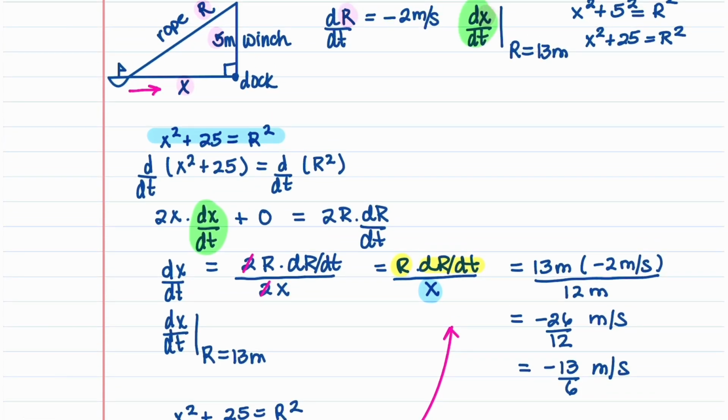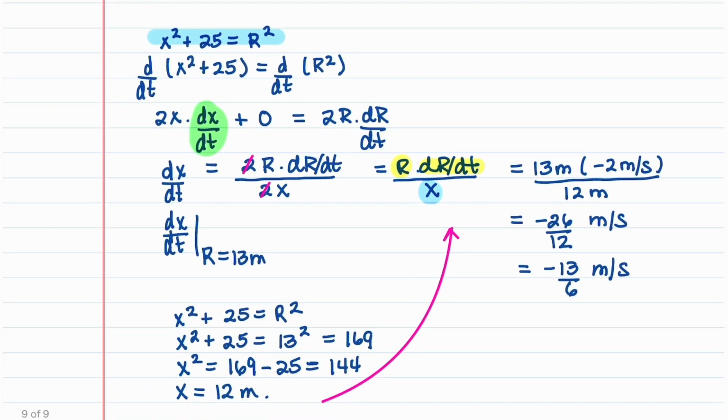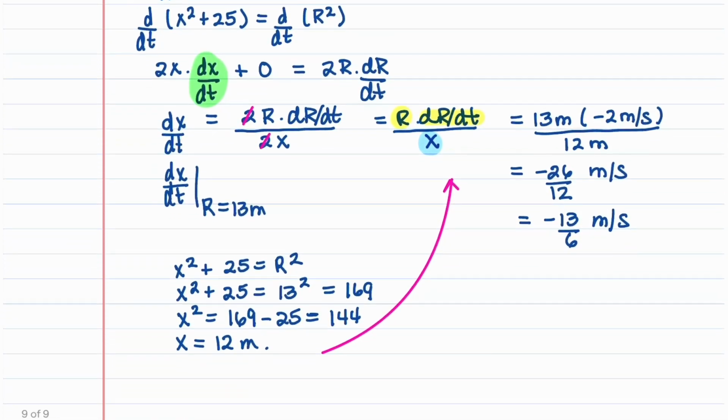Whenever you solve a related rates problem and you get a negative, you need to go back up to the original problem and find out what you're being asked to find. We want to find how fast the boat is approaching the dock. So that means the distance from the boat to the dock is decreasing. And that's why we got a negative answer.